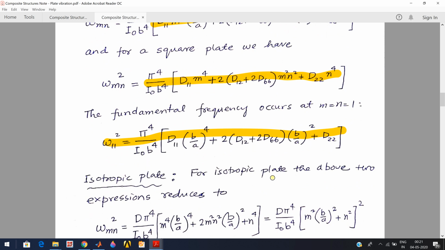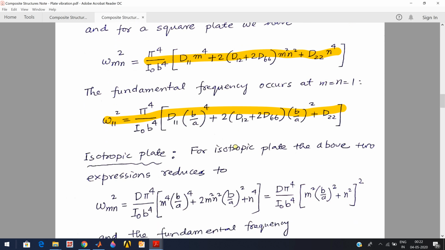Okay, this is for the specially orthotropic square plate without the rotary inertia. We can see how the fundamental frequency expressions come out.